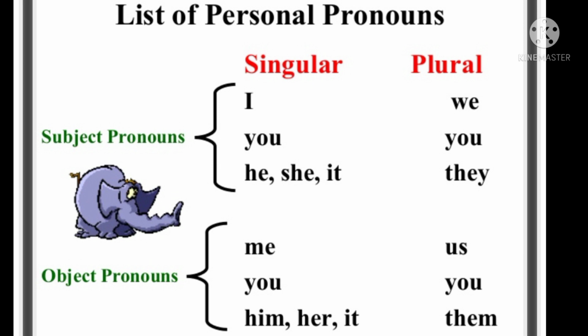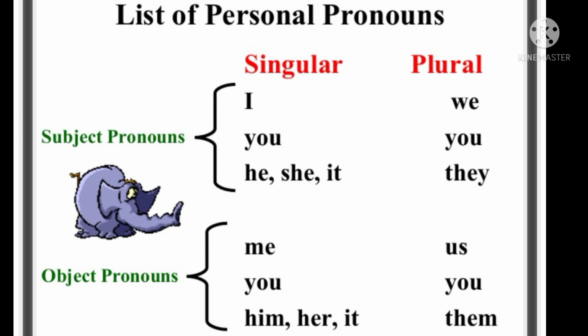Okay, pronouns are divided into 9 types. The first category is personal pronouns. When they come in the place of subject, they are I, we, you, he, she, it, they. First person is I and we, second person is you, singular as well as plural, and third person is he, she, or it, and its plural is they.